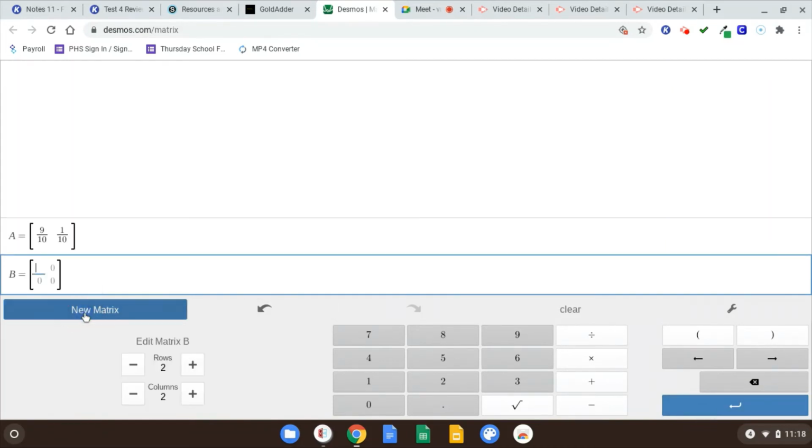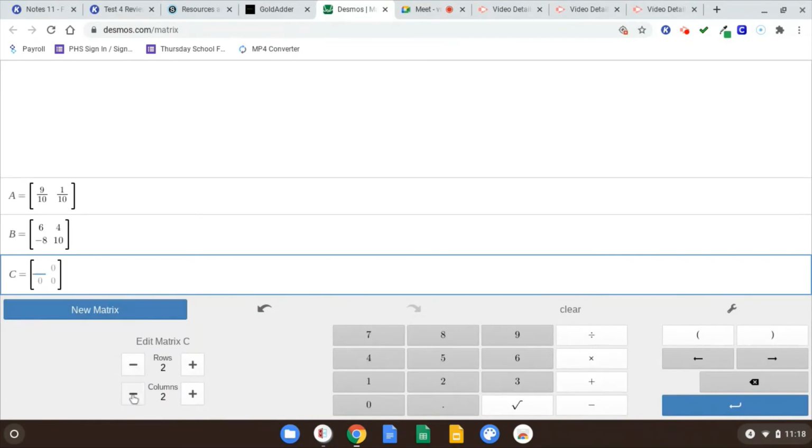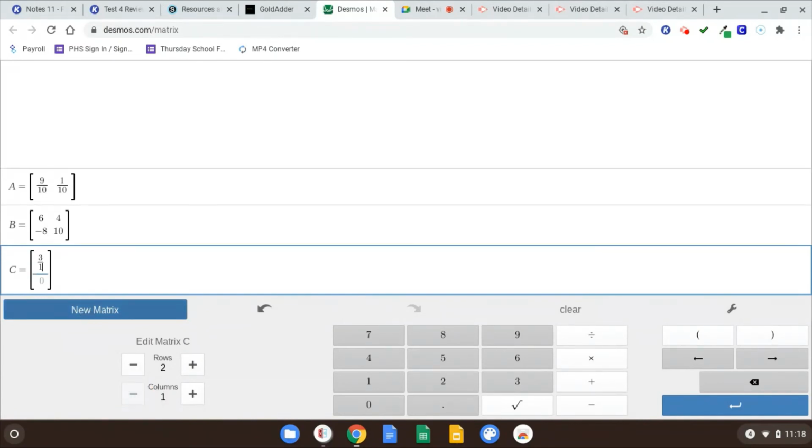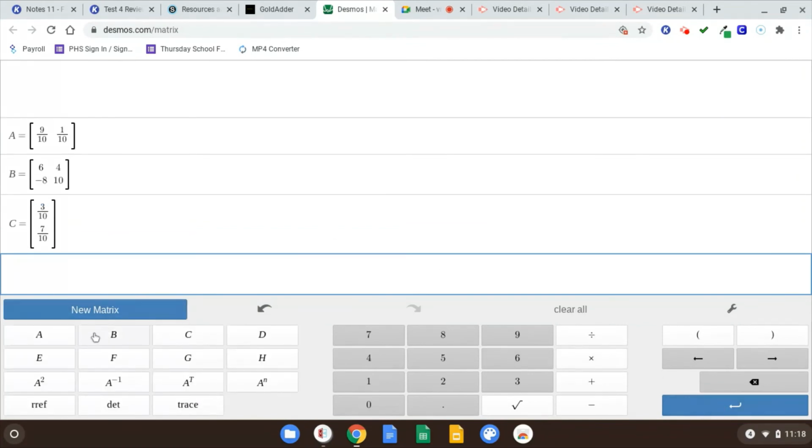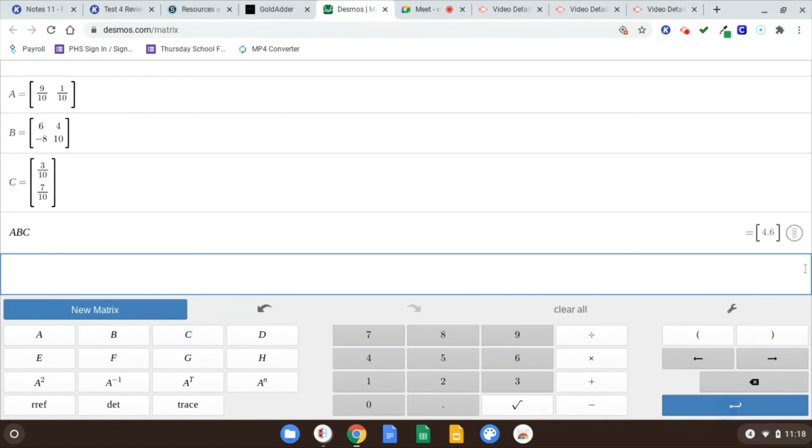New matrix B is a 2 by 2: 6, 4, negative 8, 10. And C is a 2 row, 1 column: 3/10, 7/10. I need to multiply them. And notice I get 4.6. So that's the value of this game.